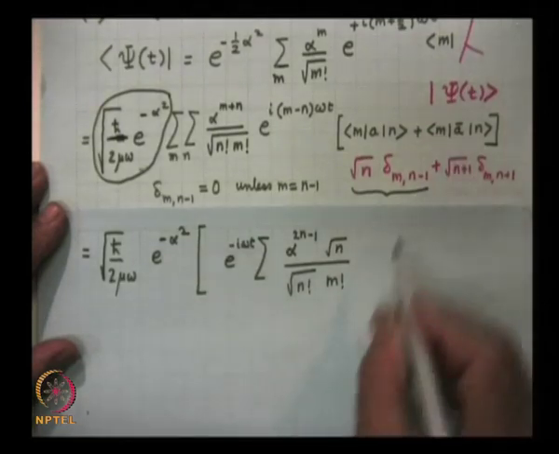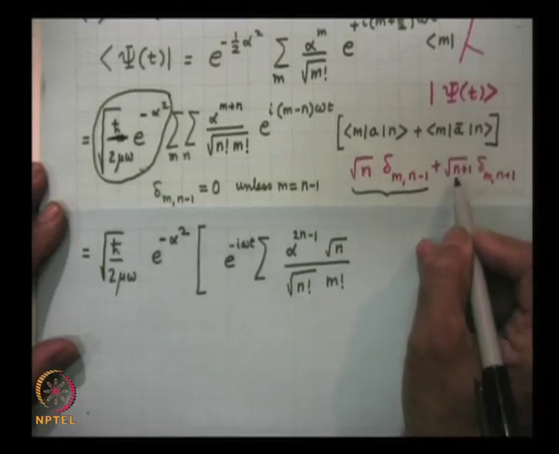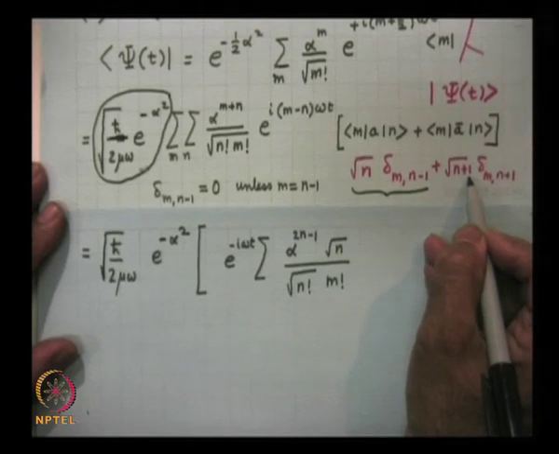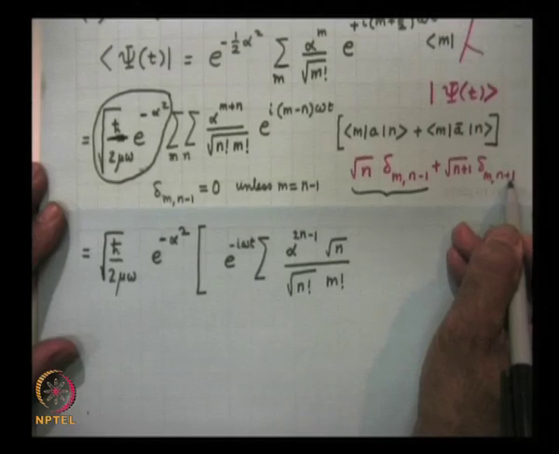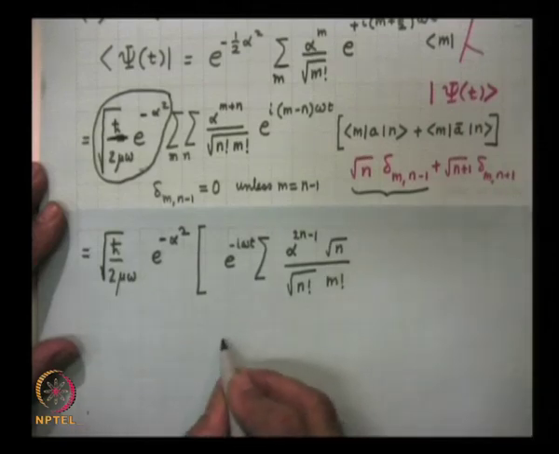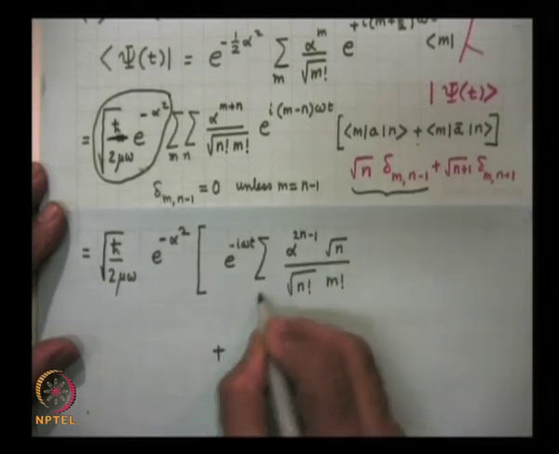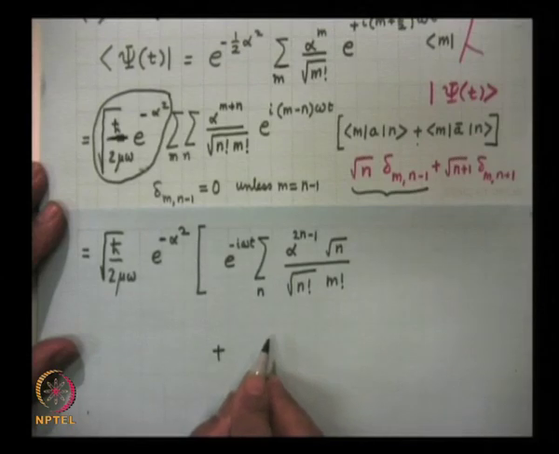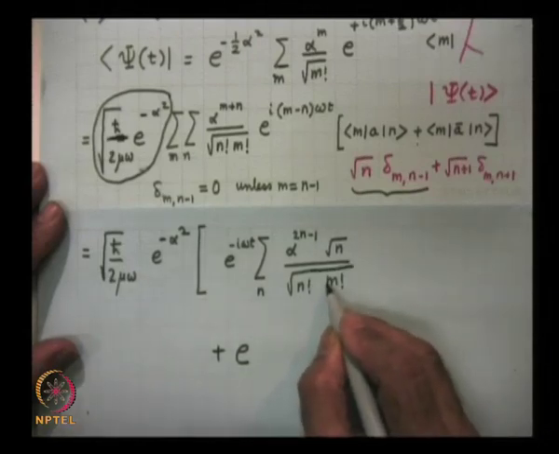Let me first evaluate the second term, which is square root of n plus 1 delta of m, n plus 1. So, only the m equal to n plus 1 term survives. So, this will be plus sign here. So, this is the sum over n, this m factorial, because m is n minus 1.